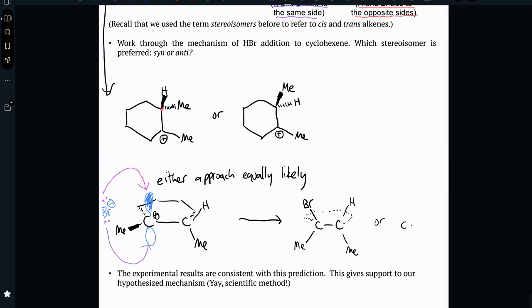But if my bromine attacks from below, I'll end up with the bromine and the hydrogen on opposite sides. And either one of those is equally likely. In other words, I should get syn and anti. So in this case, neither syn nor anti is preferred. This will produce a mixture of both.